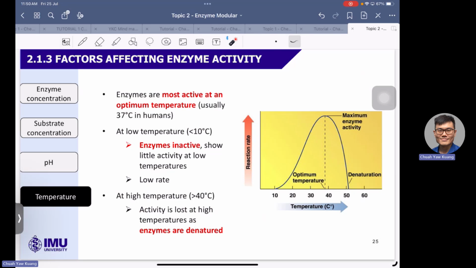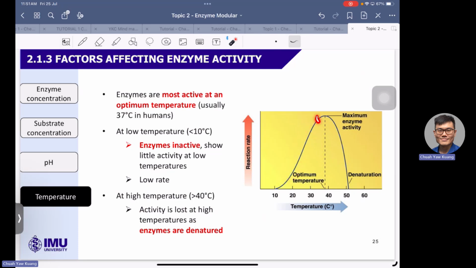Basically, temperature increases kinetic energy, and increased kinetic energy means an increased chance of effective collision, and with that, yes, that will increase the rate of reaction. Okay, so that's for the first part.